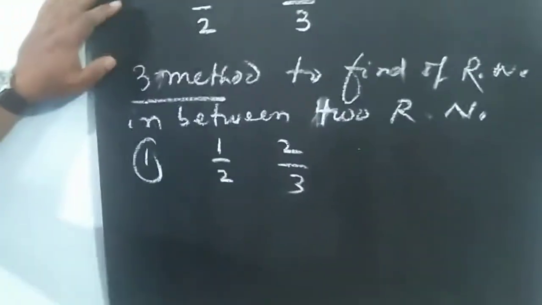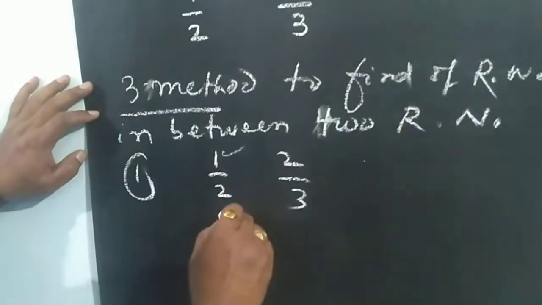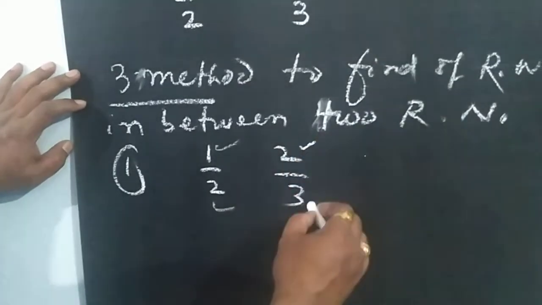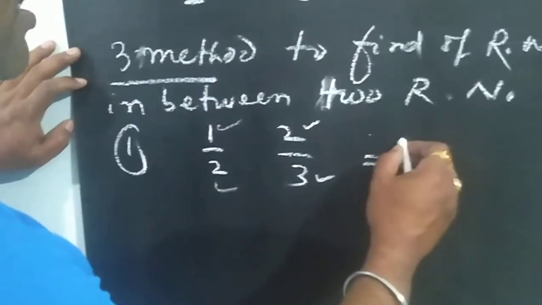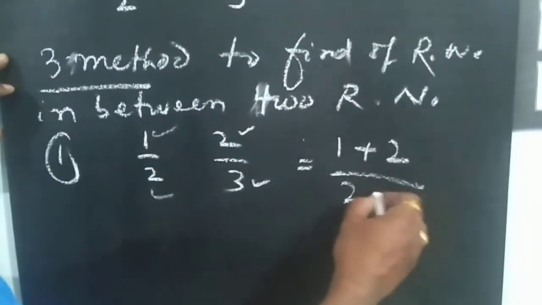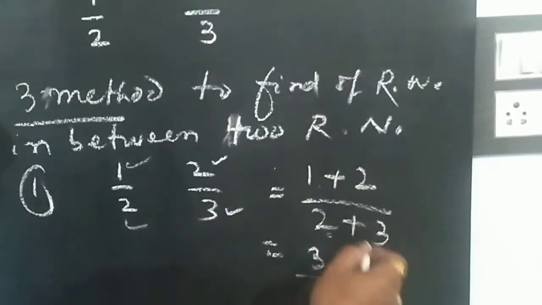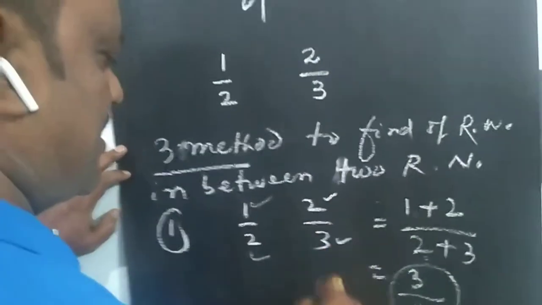Okay, first method: see carefully, here one rational number is 1 by 2, another is 2 by 3. Here the numerator is 1, the denominator is 2. In the second rational number, the numerator is 2, the denominator is 3. You just add the numerators, 1 plus 2, and add the denominators, 2 plus 3. 1 plus 2 is 3, 2 plus 3 is 5. This is one rational number in between 1 by 2 and 2 by 3.